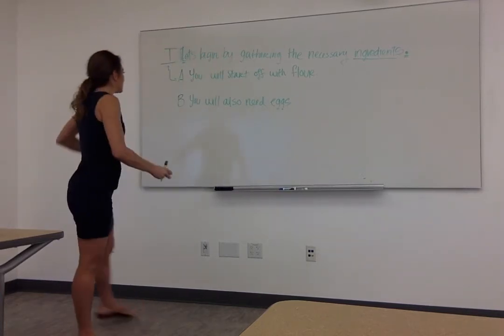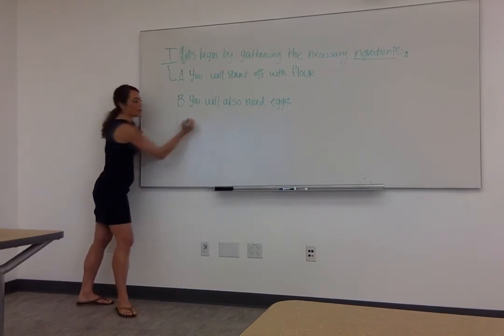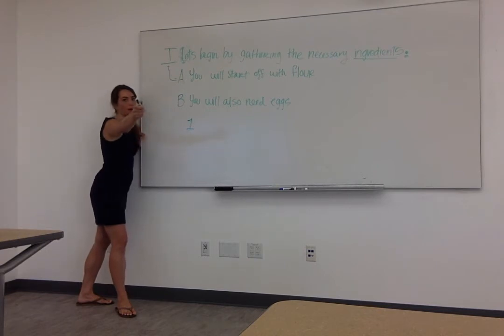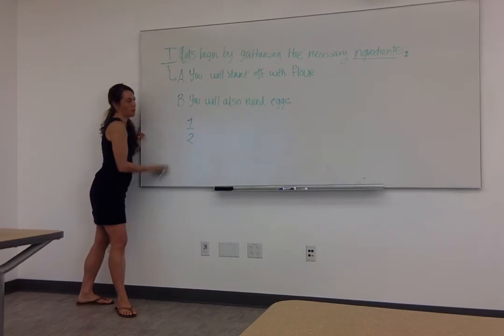Great! So, if I want to talk about my next ingredient, it's sugar. So I'm going to put a 1 here. No. What's my next symbol going to be for my next ingredient?